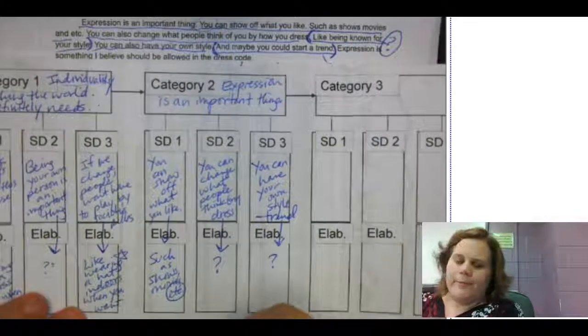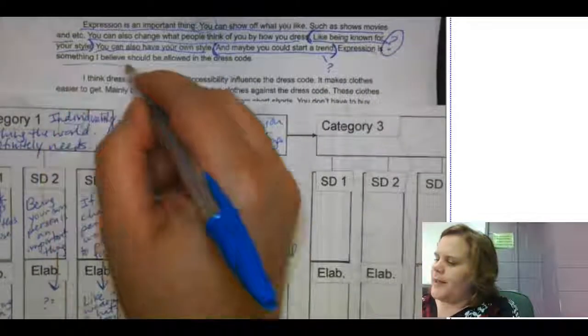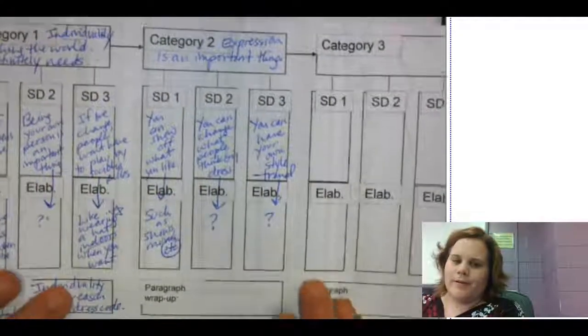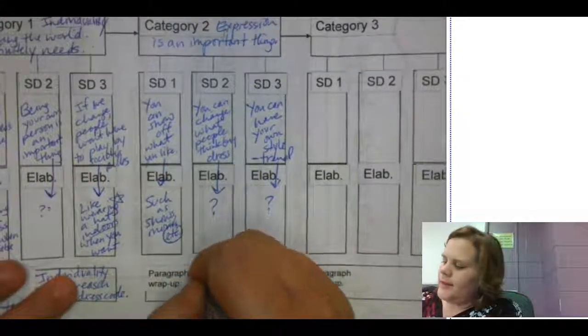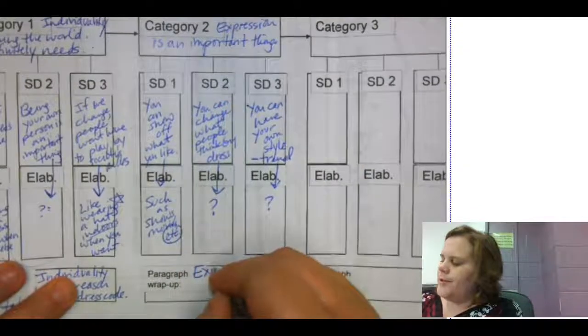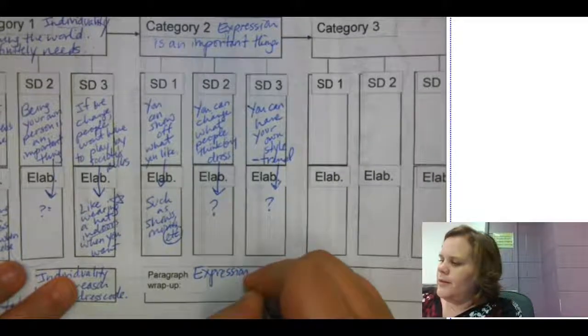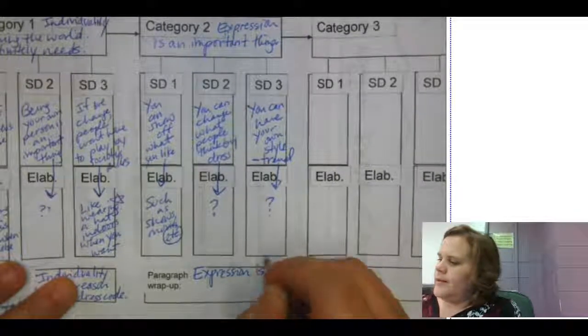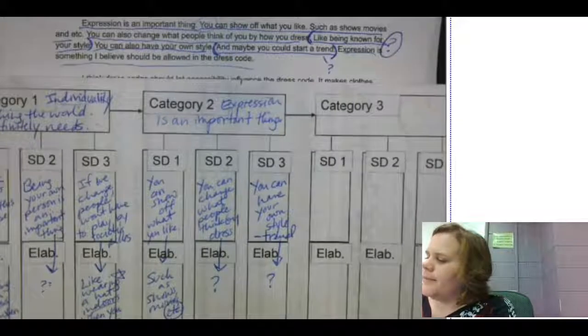And then our wrap-up, it says expression is something I believe should be allowed in the dress code. It's a good wrap-up sentence. Talks about the topic, and it mentions dress code. So expression is, what did he say? Something I believe should be allowed.